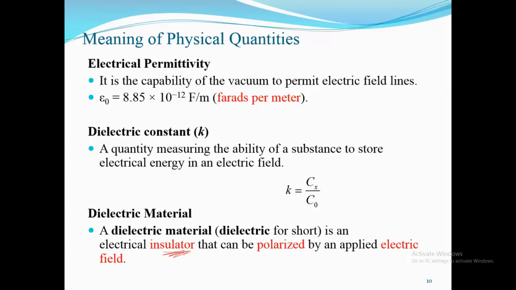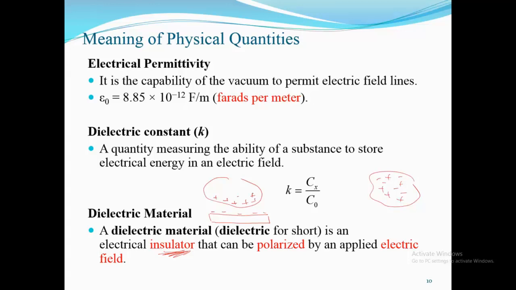And the dielectric material, as I told you, is an insulator that can be polarized by an applied electric field. What does it mean? It means that if you have any material, you have a mix of positive and negative charges, but once you bring it near some electric field, for example, if this is the negative side of this plate, the positive charges will be attracted by this.